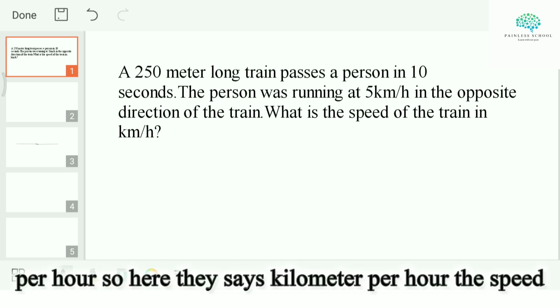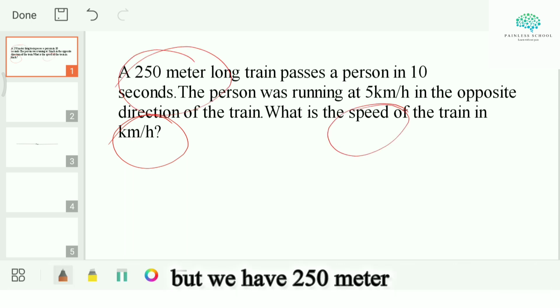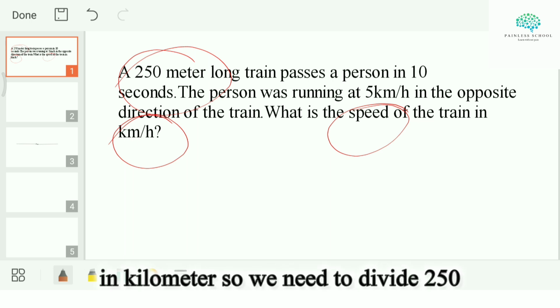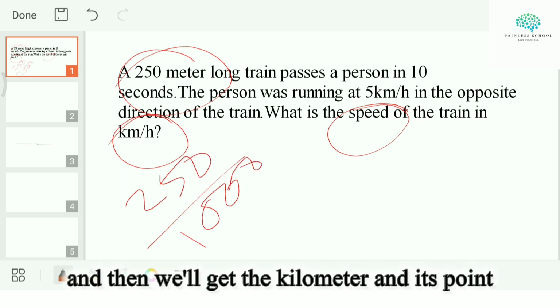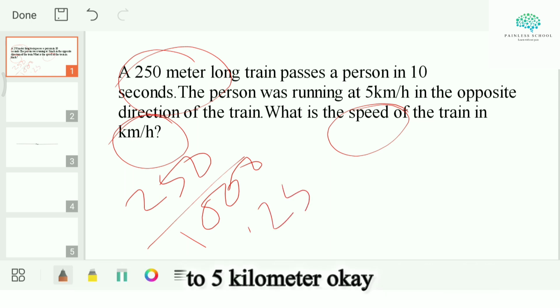So here they say kilometer per hour, the speed, but we have 250 meters, so we need to convert it to kilometers. So we need to divide 250 by 1000, and then we'll get the kilometers, and it's 0.25 kilometer.